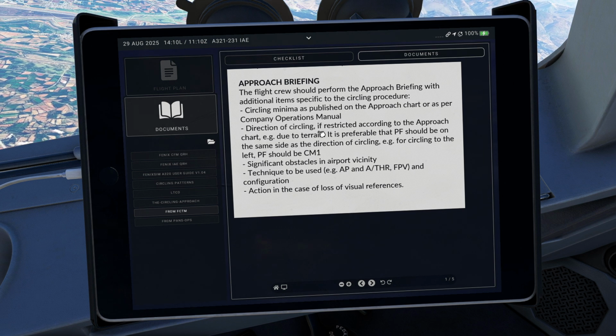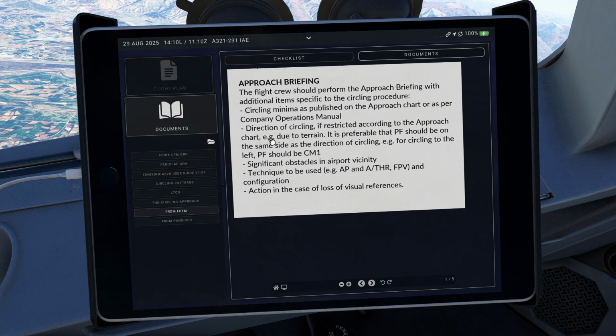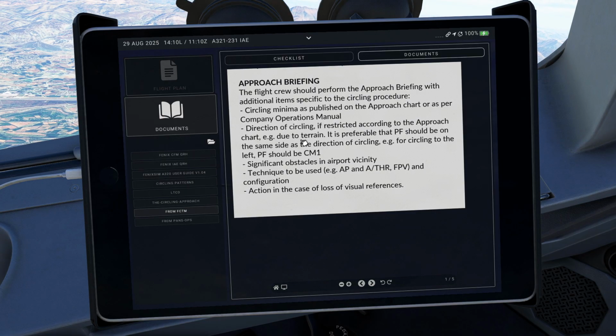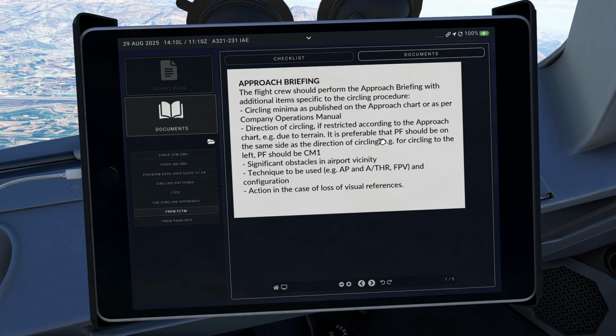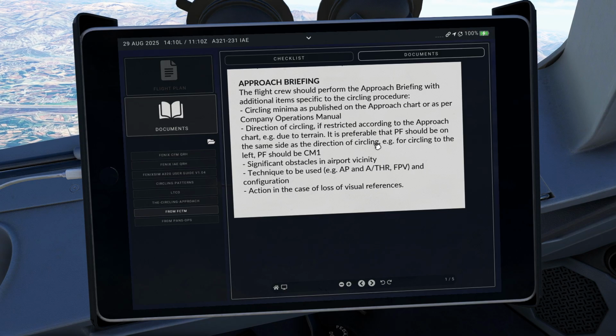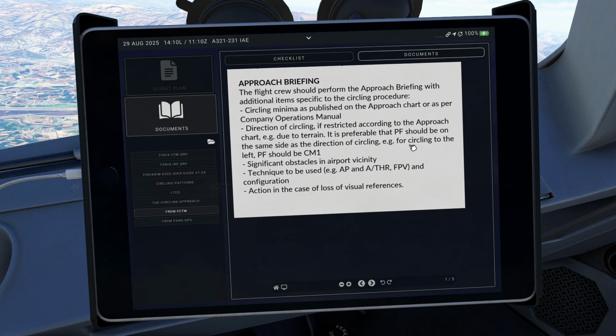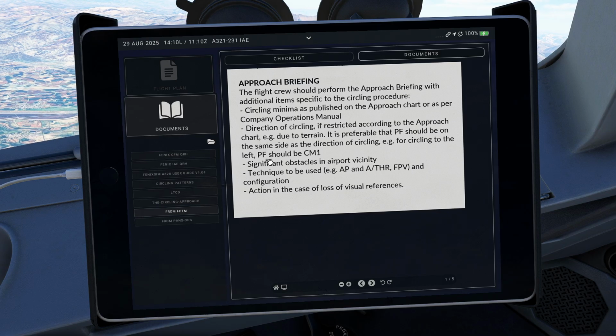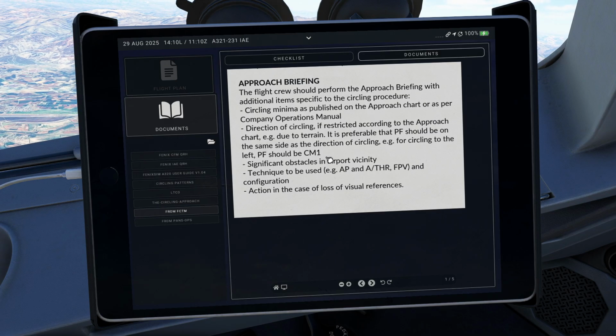Direction of circling. If restricted according to approach chart, for example due to terrain, it is preferable that pilot flying should be on the same side as the direction of circling. For example, for circling to the left, pilot flying should be CM1.